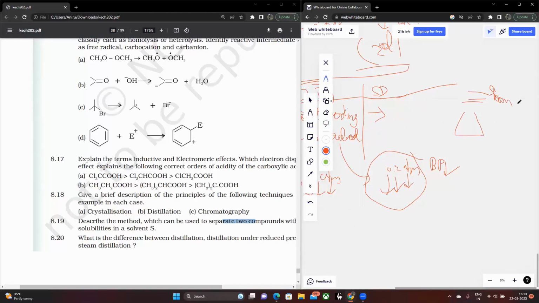What happens here is that the partial pressure of water is drastically increased, right? And since the vapor pressure of the liquid itself is quite low because you are saturating the vapors above with steam, the liquid boils at a temperature much lower than its normal boiling point, and hence decomposition is avoided.